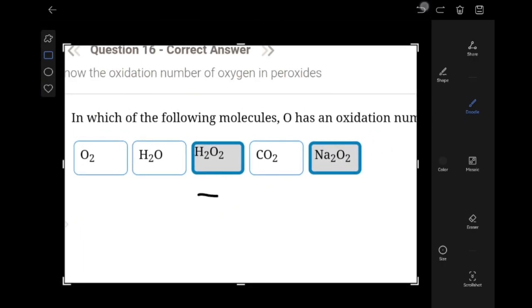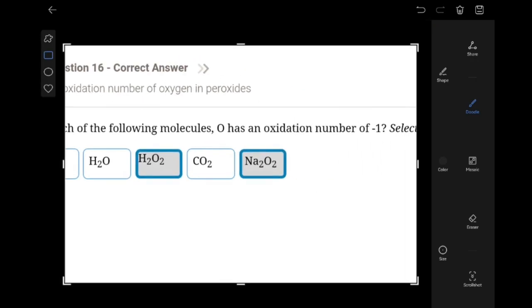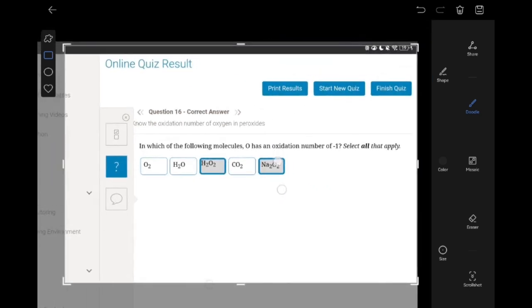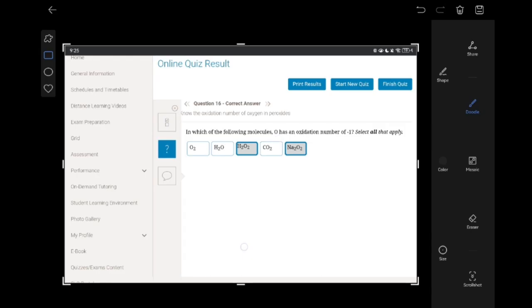It's an exception. CO2 again. We don't know what C is. But here, if it's O, because it's just a natural element, it's going to be -2. And then again, because peroxides are exceptions, it comes as -1.